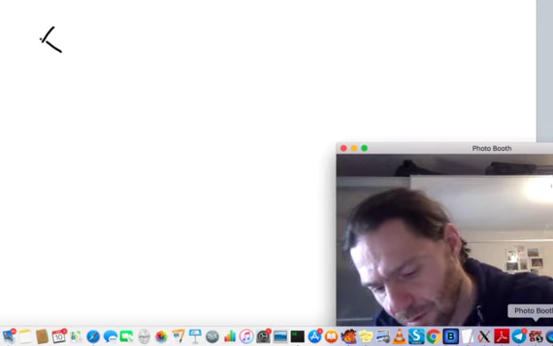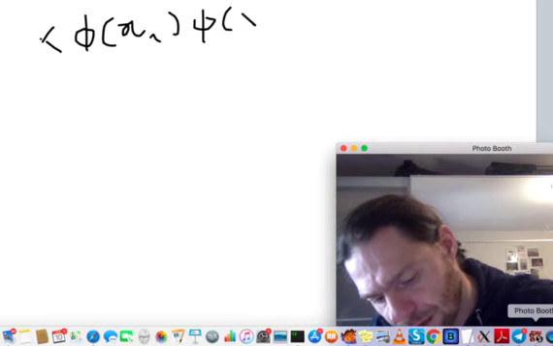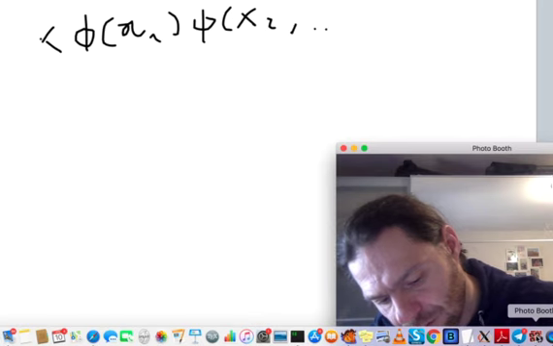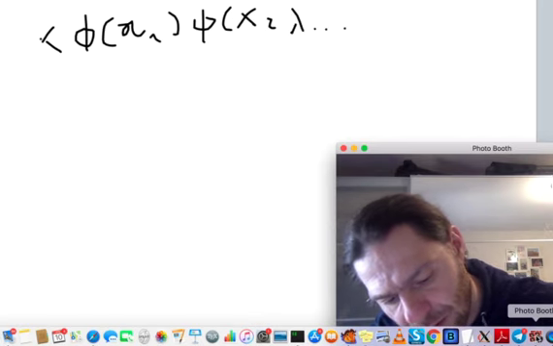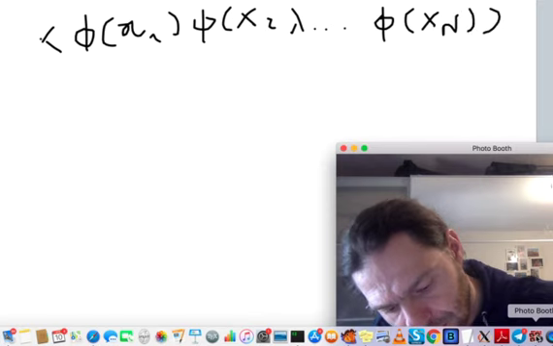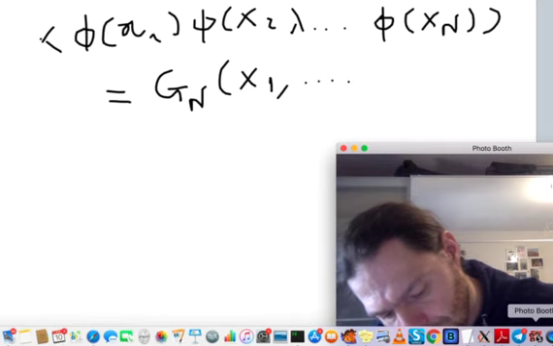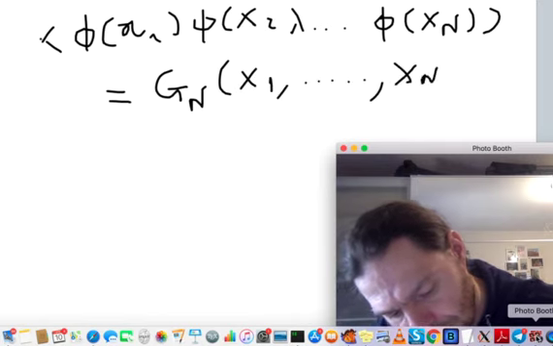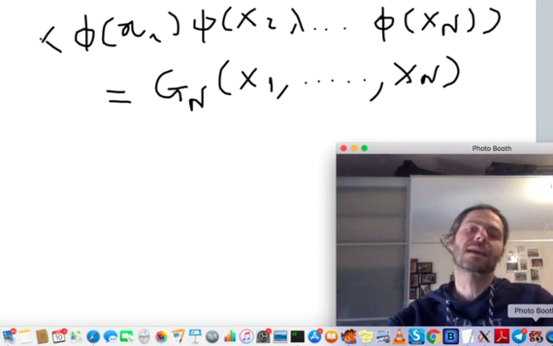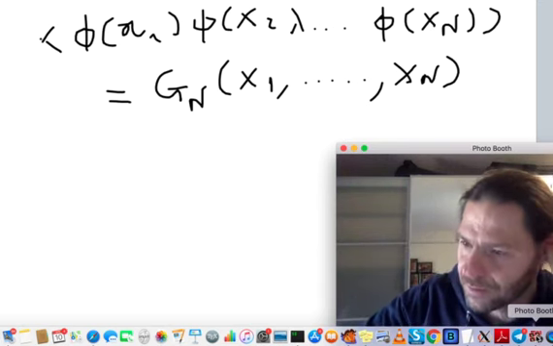All I'm trying to say is that once I can compute, say, phi 1, phi 2, an arbitrary power of fields, and I call this the endpoint correlation function of x1 through xn, then basically I have exhausted all the physical content of my theory.